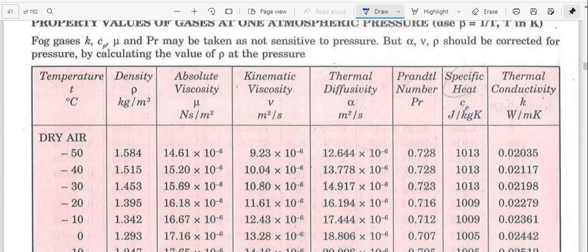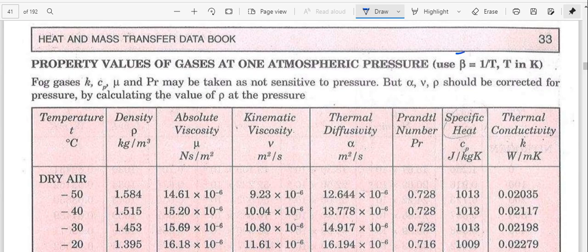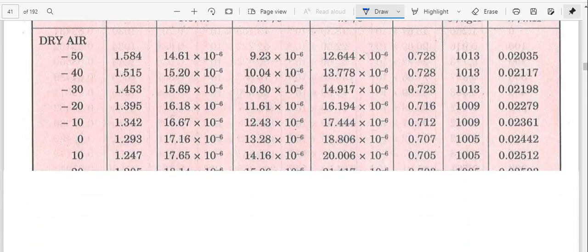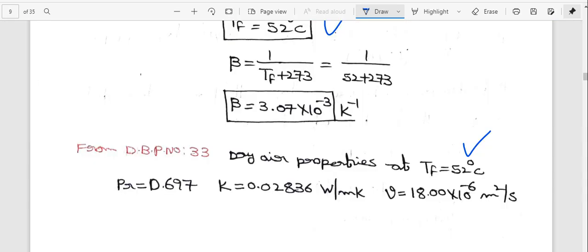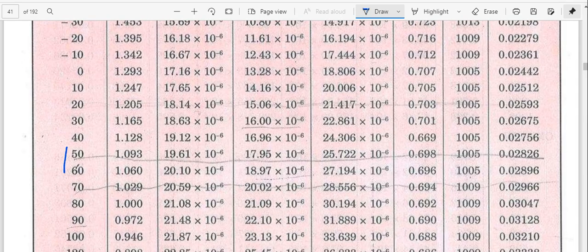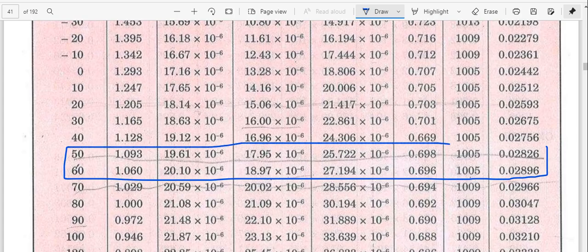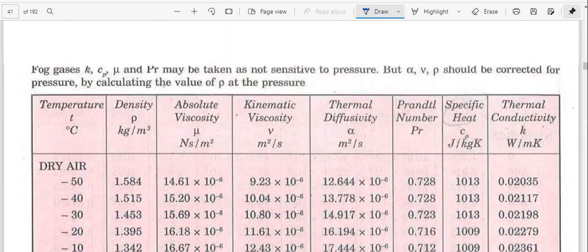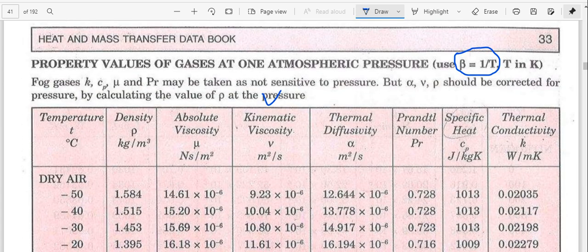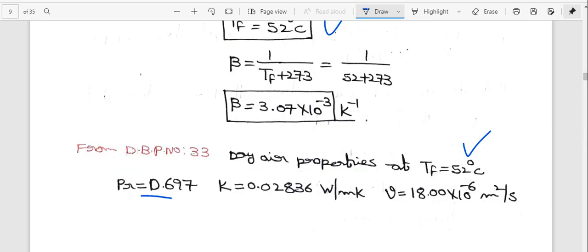So here beta is equal to 1 by T. At 52 degrees we need to interpolate between the 50 and 60 values, to calculate the corresponding value at 52 degrees. So absolute kinematic viscosity, Prandtl number and thermal conductivity. Prandtl number is 0.697 and k equal to 0.02836 and kinematic viscosity is equal to 18.00 into 10 power minus 6.